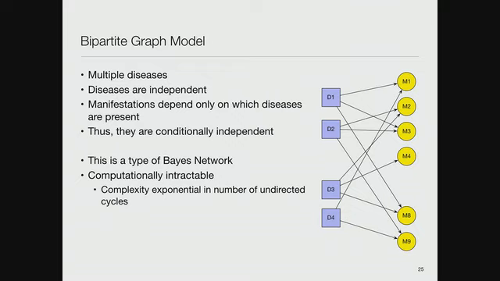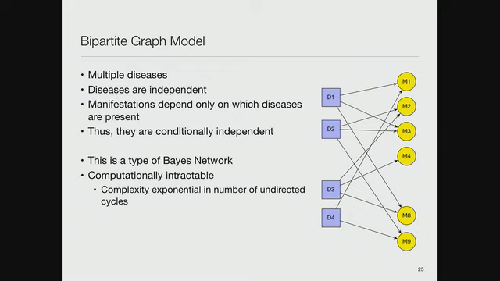And so the manifestations depend only on the diseases that are present, not on each other, and therefore we have conditional independence. And this is a type of Bayesian network which can't be solved exactly because of the computational complexity.